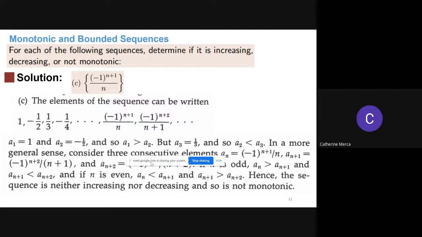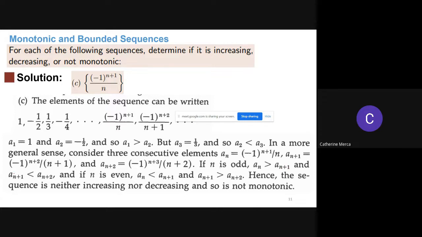Okay? So, in general, what we have? For 3 consecutive elements, a sub n, negative 1 to the n plus 1 over n, and a sub n plus 1, negative 1 to the n plus 2 all over n plus 1, if n is odd, you will have a sub n is greater than a sub n plus 1.